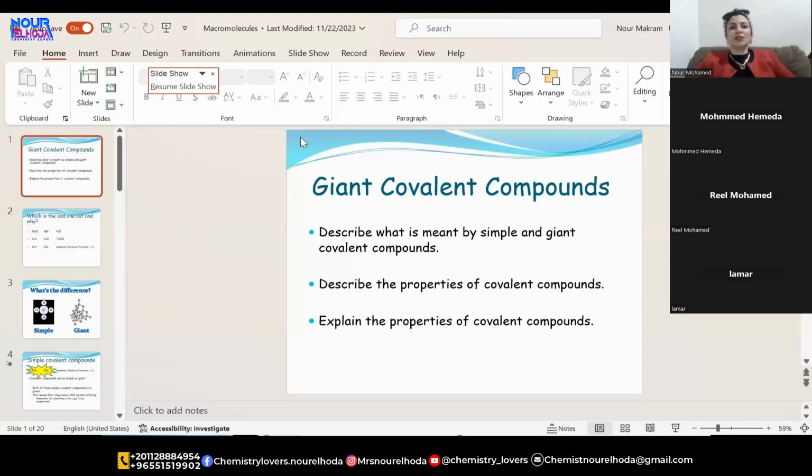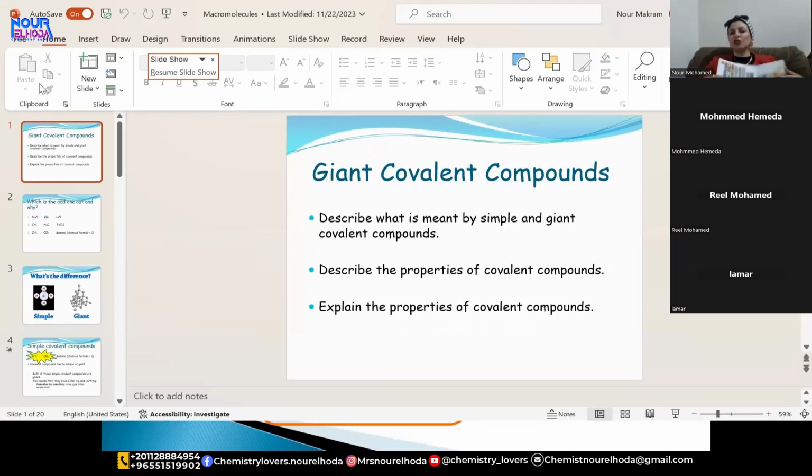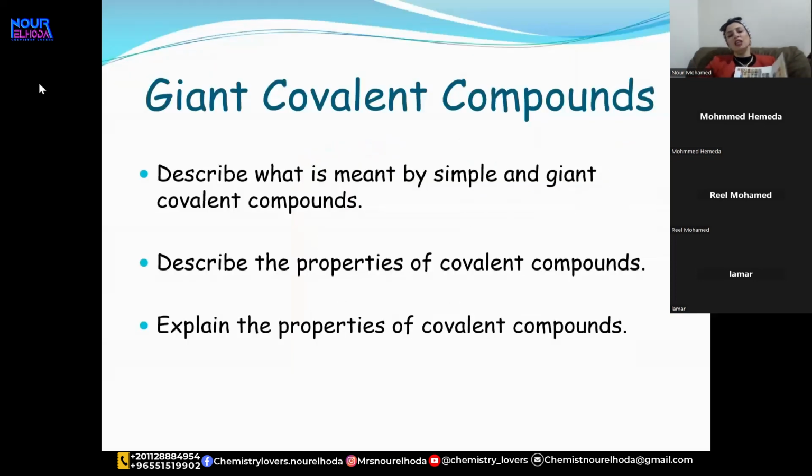These are easy, and I know all of you know it already, so I'm going to pass by quickly. The giant covalent compounds are only 3 compounds: diamond, graphite, silicon dioxide.